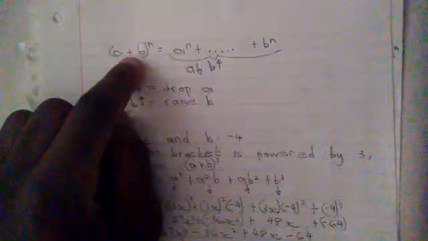So from there, let us talk more about the binomial theorem in general. As I stated earlier, I like to think of the binomial theorem as this statement: (a + b) to the power n will equal a to the power n, plus all these terms which are in between, up until you get to the last term, which is b to the power n.